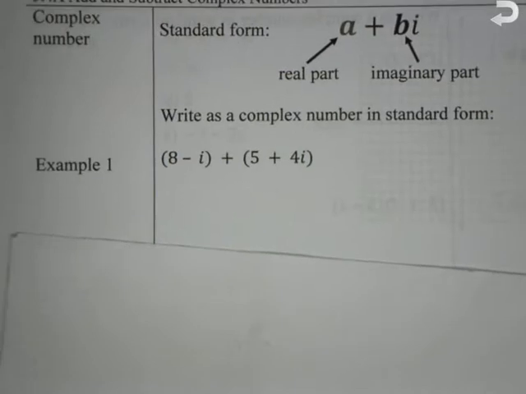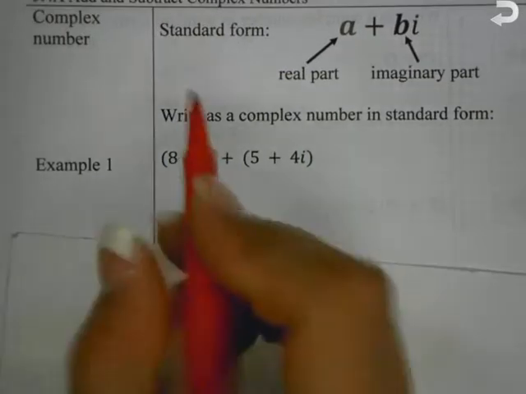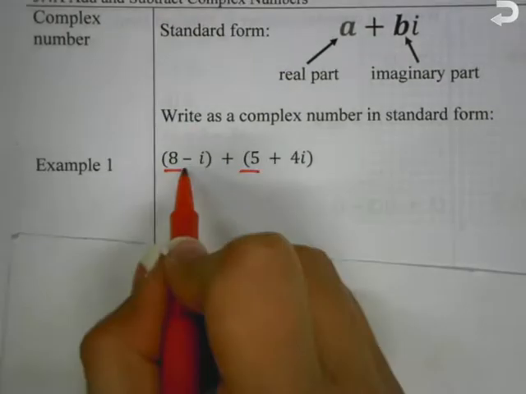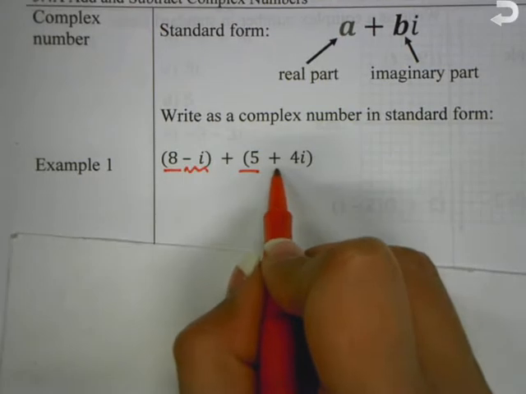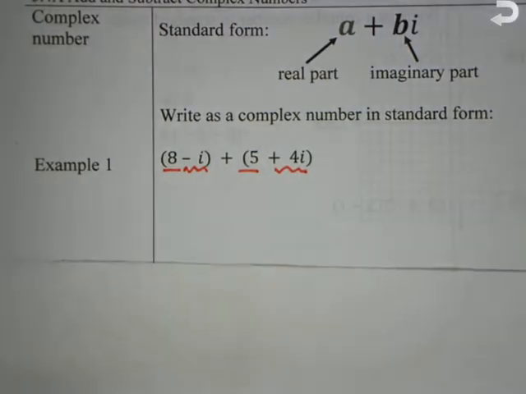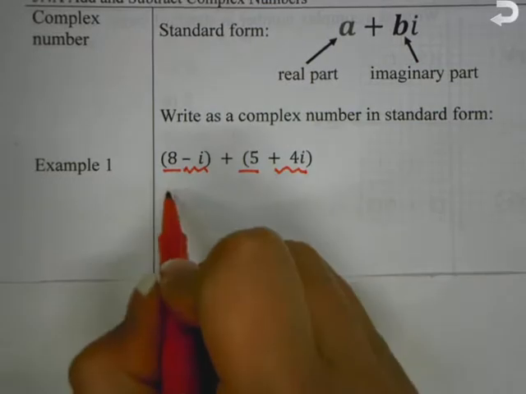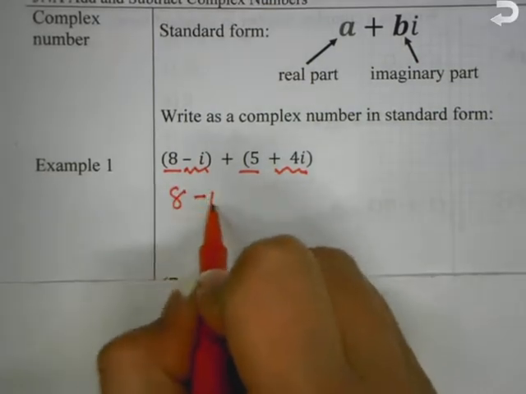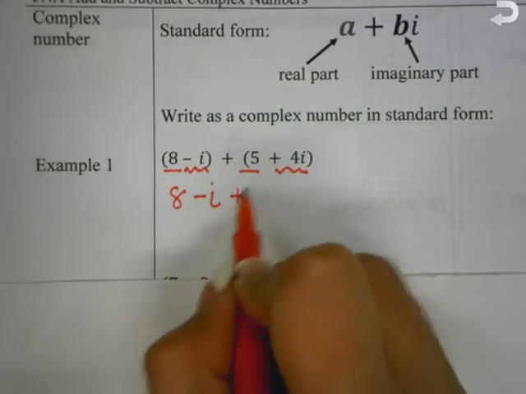What are our like terms? 8 and 5, and negative i and positive 4i. So the first thing I'm going to do is rewrite it, taking down the parentheses. So 8 minus i plus 5 plus 4i.